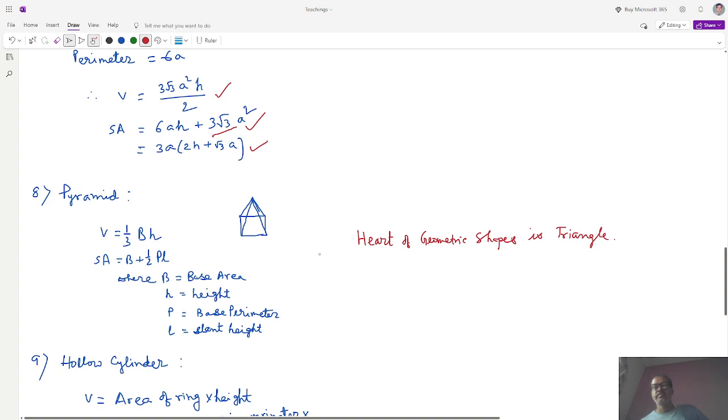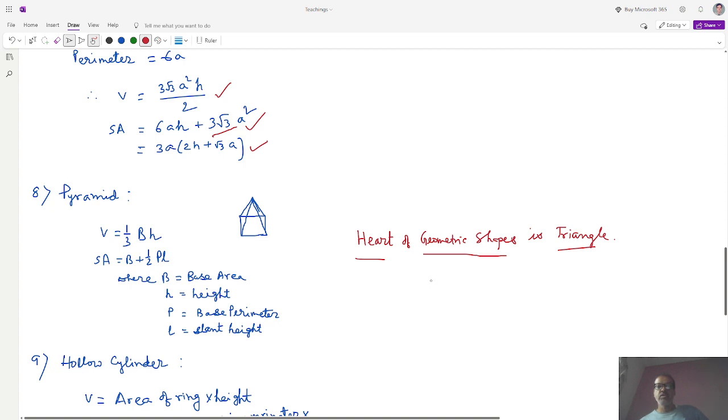Why are triangles known as the heart of geometric shapes?